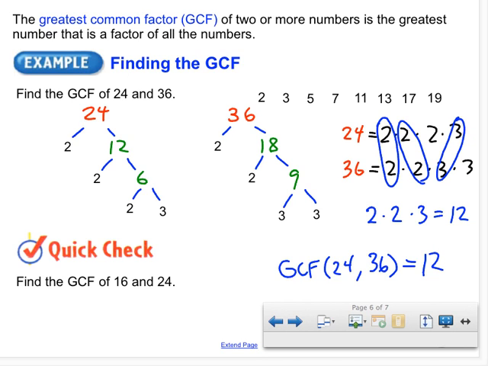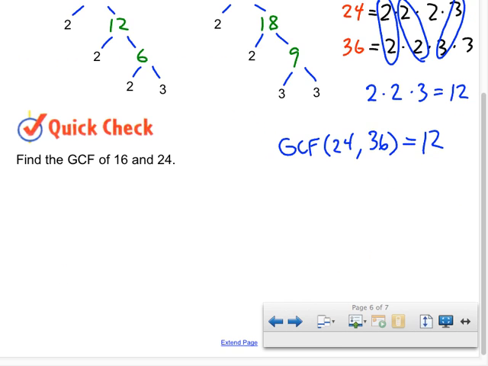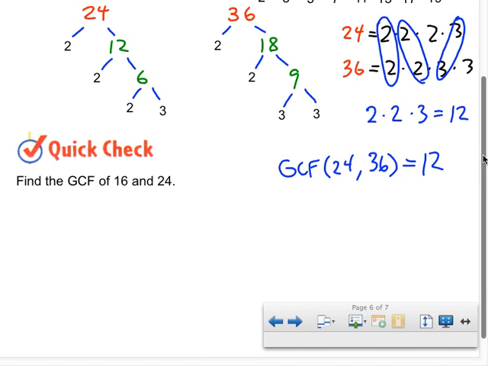Got it? What I need you to do, if you notice for the next problem, we already did 24. Do 16 and find the GCF of 16 and 24. We already did 24. You don't have to do it again. We already have the numbers we need for 24. We're done with that part. Do 16 so we can find the GCF of those two numbers.